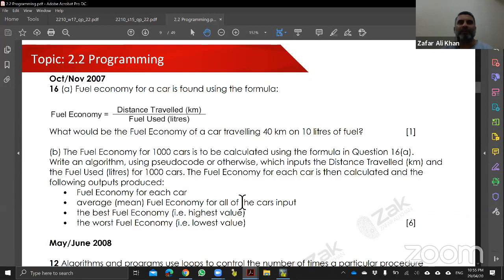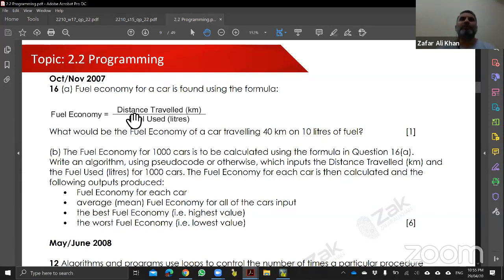We never write such things in our pseudocodes or programs. Kilometers, liters, these are just to read, to make the question clear, to understand the question. But as far as the solution goes, none of this will be taken care of.